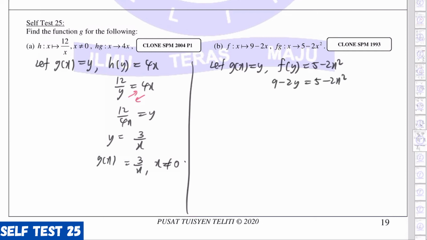So by rearranging, I do a little bit slow. I bring the 9 over first, so I get negative 2x squared, negative 4. 5 minus 9 is negative 4. Then I divide by negative 2, so this is positive. Negative 4 divided by negative 2 is positive 2. With that, I got my y ready. My y is my g(x), and my g(x) is x squared plus 2.